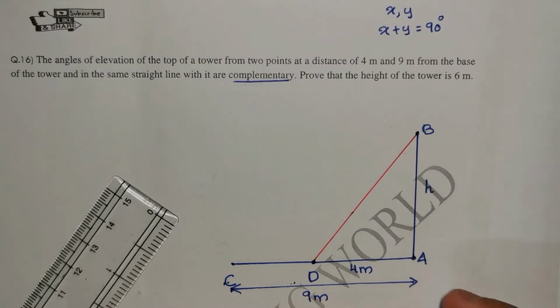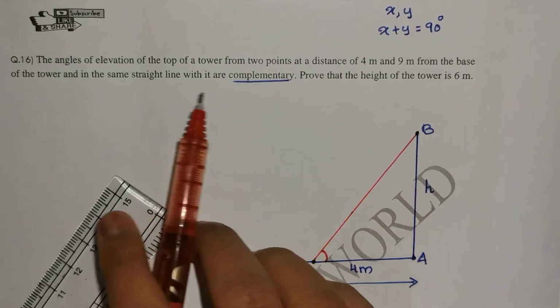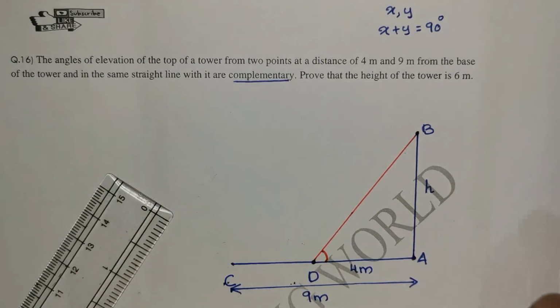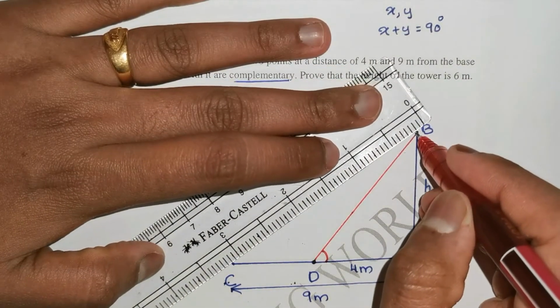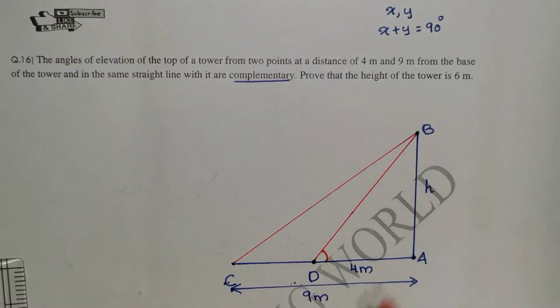The angle of elevation is not given, but it has been said that both are complementary. So from here to here we have an angle of elevation to the 2 points.